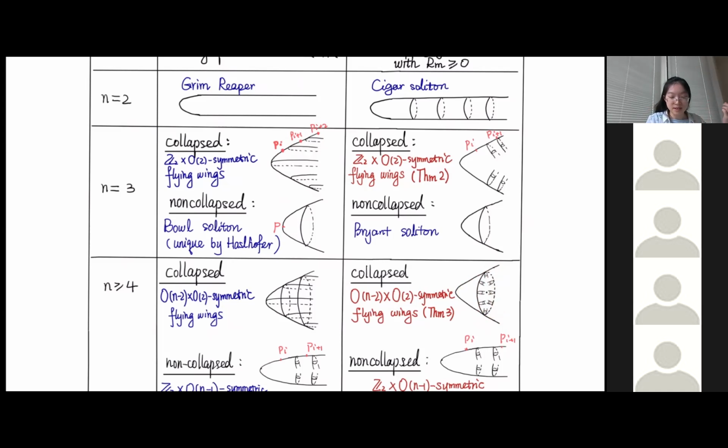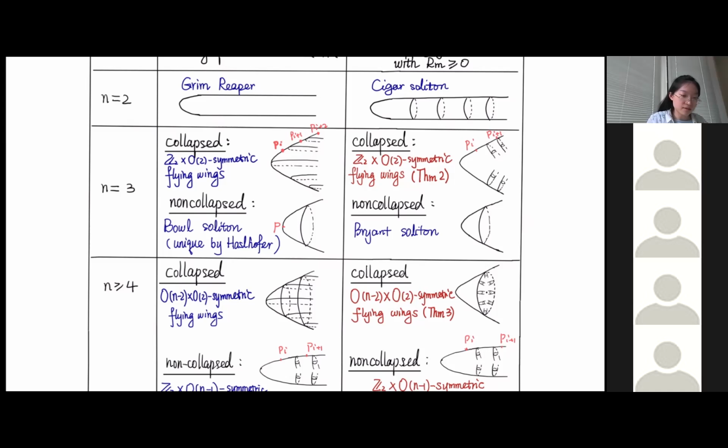This is one example, which is a compact ancient solution that is collapsed and has positive curvature. And maybe you can also construct other, not rotationally symmetric, compact solutions.